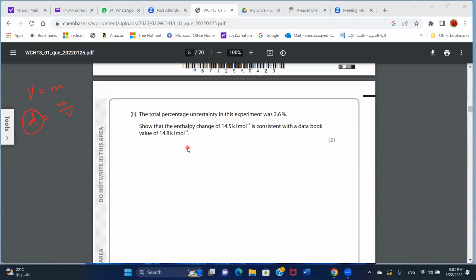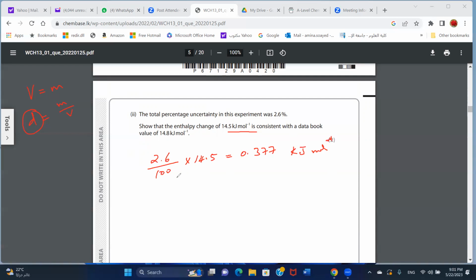So firstly, we multiply 2.6% by 14.5. 2.6 over 100, you mean? Yes, by 14.5. The answer is 0.377 kilojoules per mole.